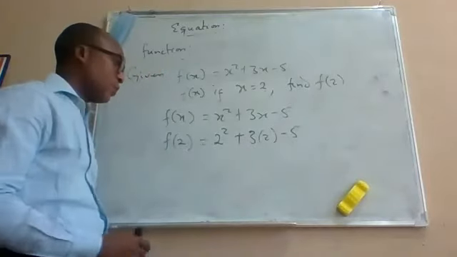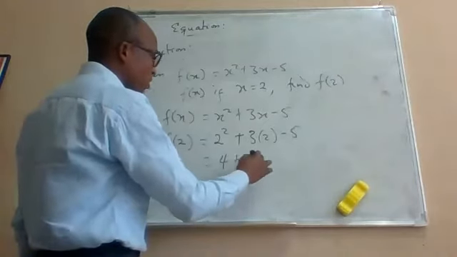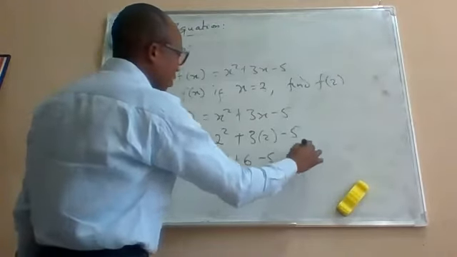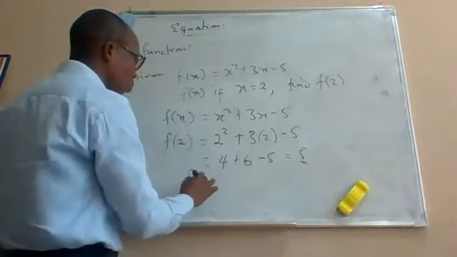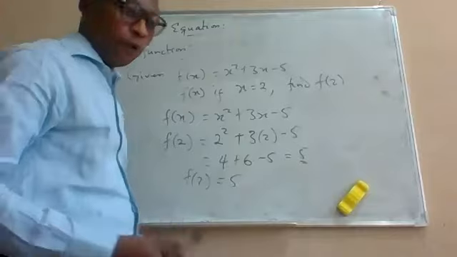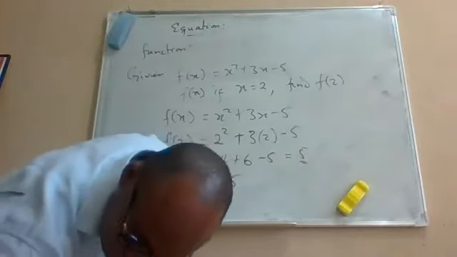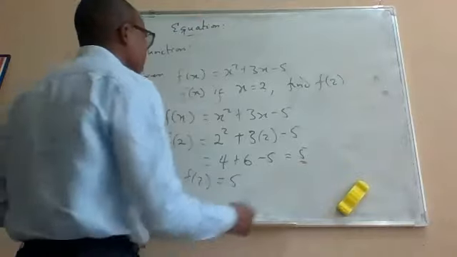That is when s is 2. When you do this, this will give you 4, plus 6, minus 5. So f of 2 is now equal to 5. And that's what we mean by function.